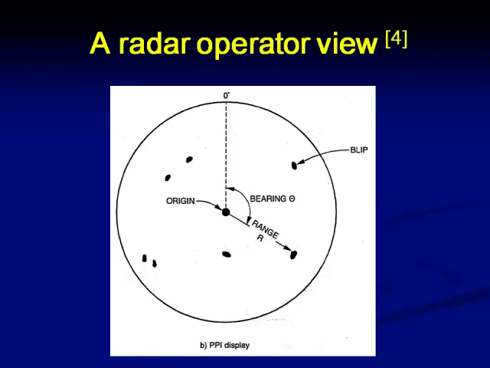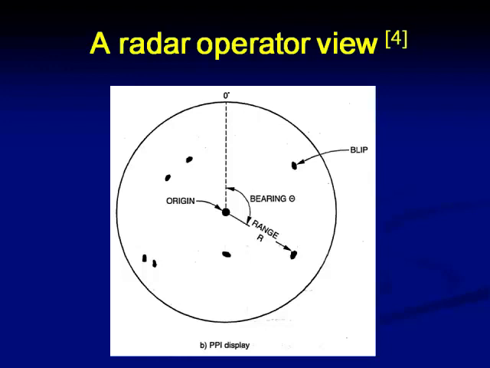The display is a normal CRT display but modified to get these indications quite easily. This is known as the plan position indicator, and a radar operator will easily identify the direction and the distance of the incoming target as the blip comes up on the scope as shown.